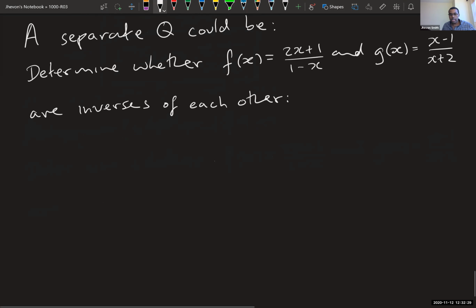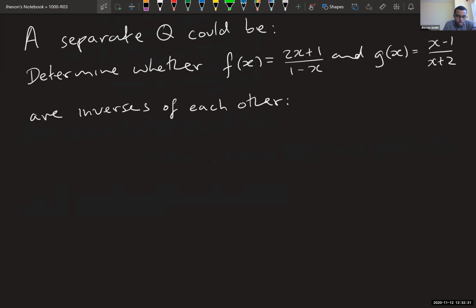Okay, and in this case, you would just jump in and start plugging one into the other. So you'd say f of g of x. Well, what is that? That just means you go to f, and everywhere you see an x, you plug in g of x.